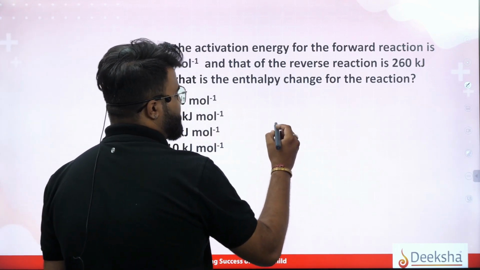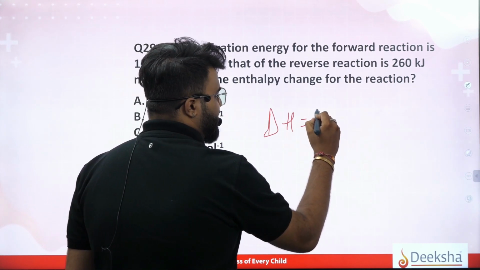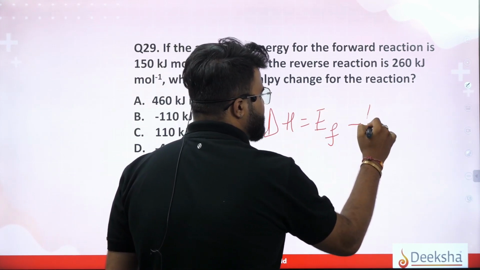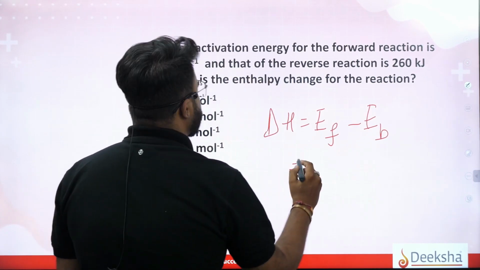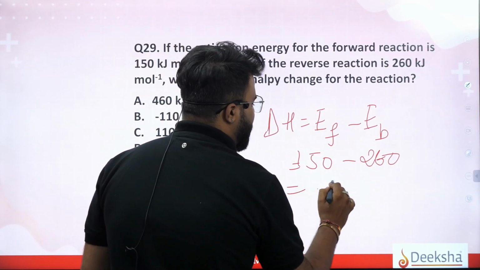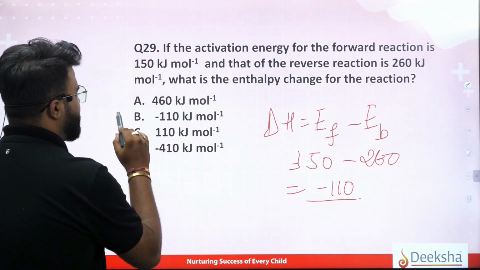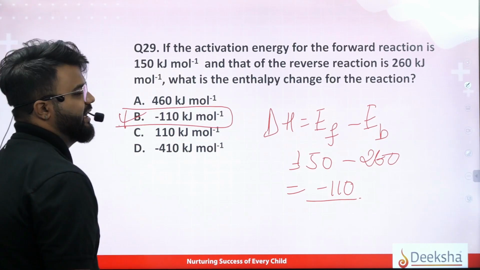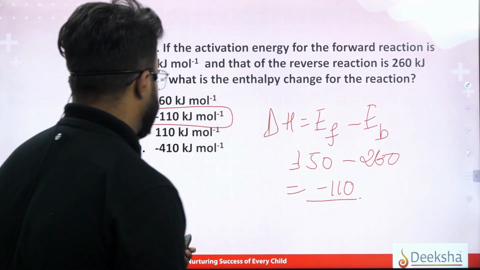Delta H is equal to E forward reaction minus E backward reaction. So the forward reaction is 150 minus 260. So what you are getting is minus 110 as the answer. So option B is your correct answer. That is minus 110 kilojoules per mole.